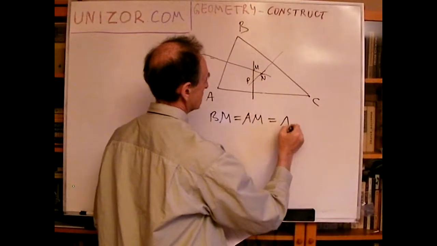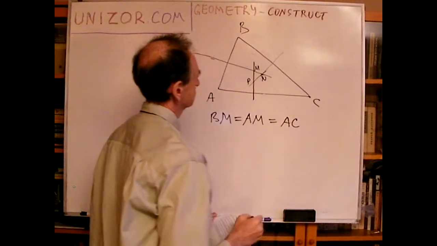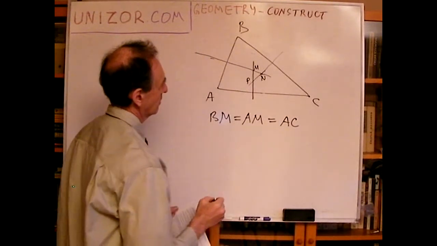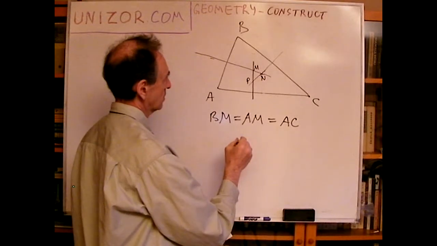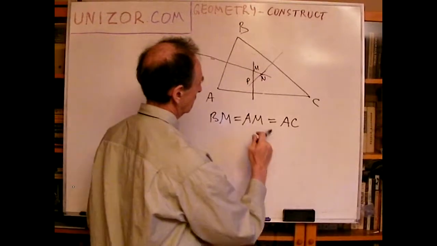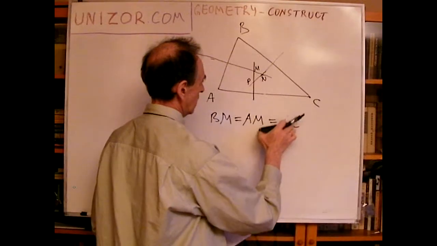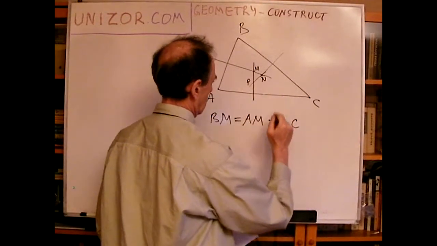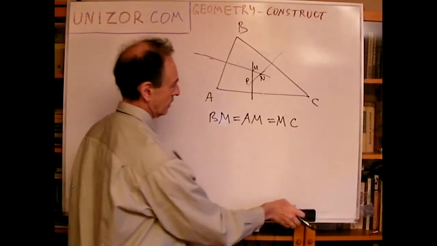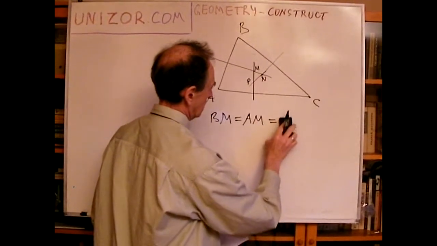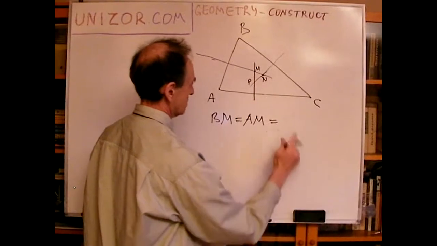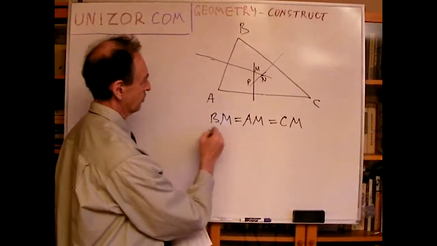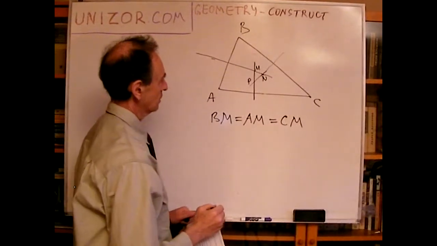So AM is equal to CM, since I always put the vertex in the front.